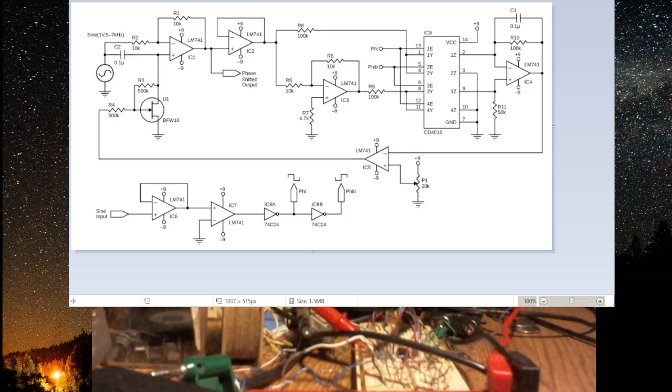There's a unity gain op amp in there. See, my problem is if I do this, that's just minus, and you're supposed to get a phase reversal. And I had a bunch of trouble trying to get the equipment to show it.